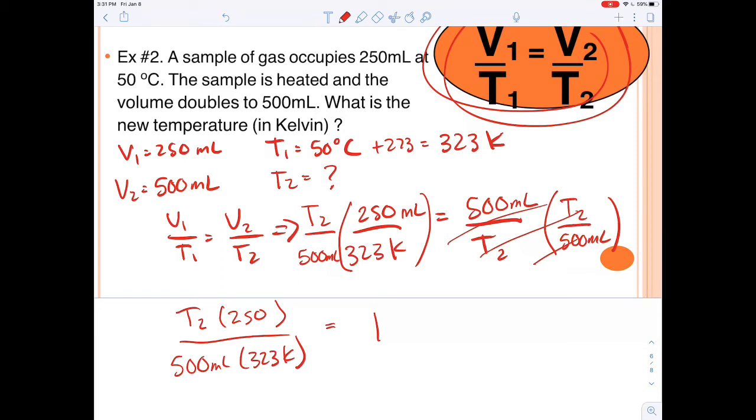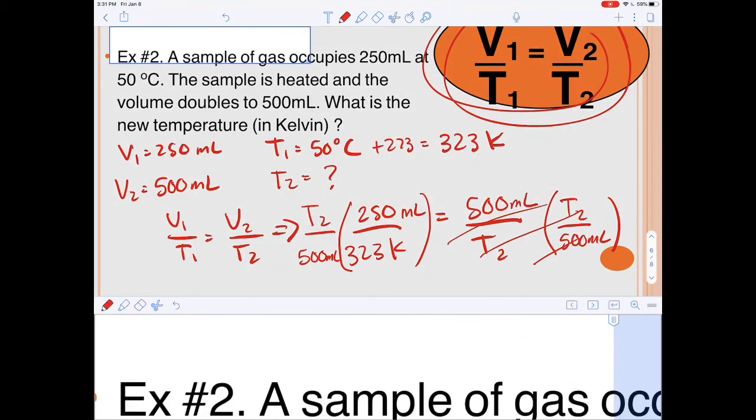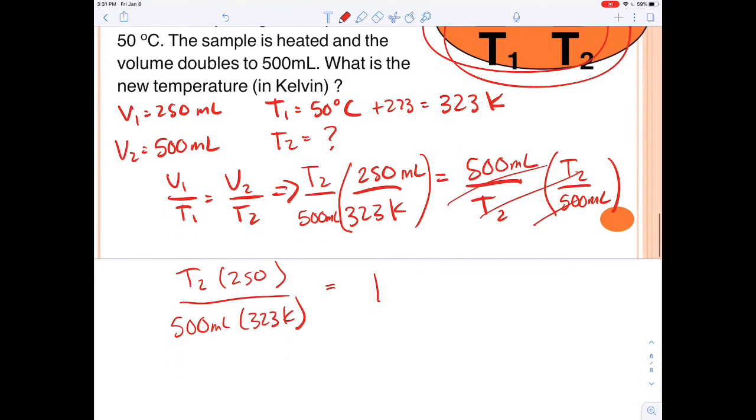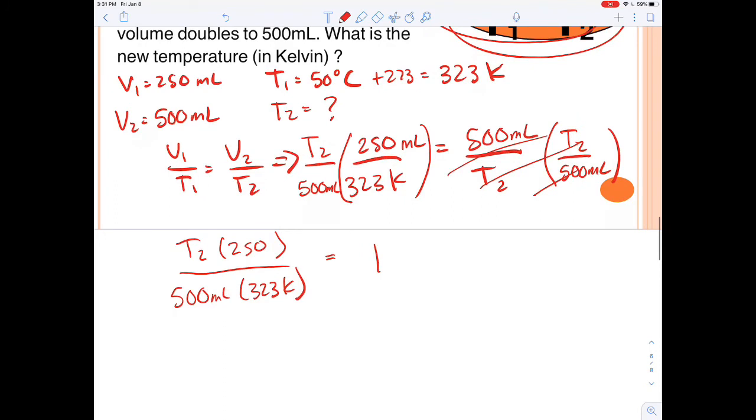Okay, so now we just want to get the T2 by itself. Sorry about that. Now we want to get the T2 by itself, and to do that, we're going to multiply both sides by the thing on the bottom here. So we want to get rid of that denominator. 500 times 323. So that'll get rid of that on this side, and then we have 500 times 323.